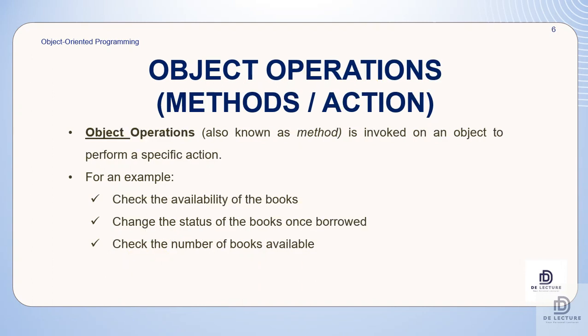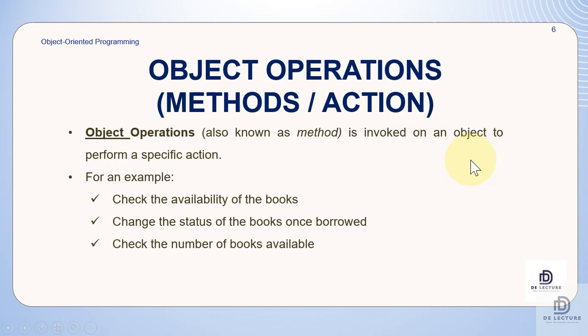Now, object operations. Like we mentioned just now, an object operation is also known as a method. Remember, method actually means function. Why do we use methods? Because a method is invoked on objects to perform specific actions.